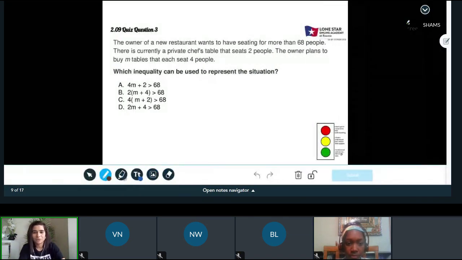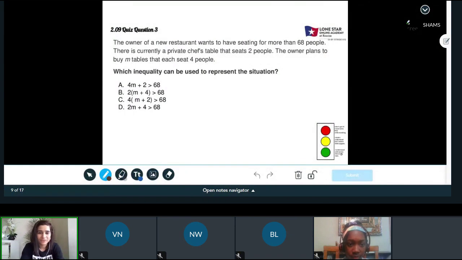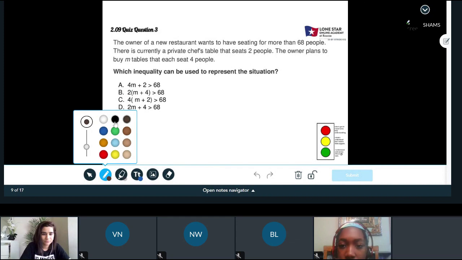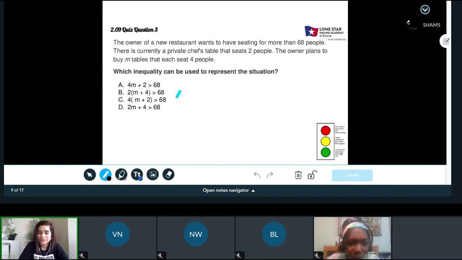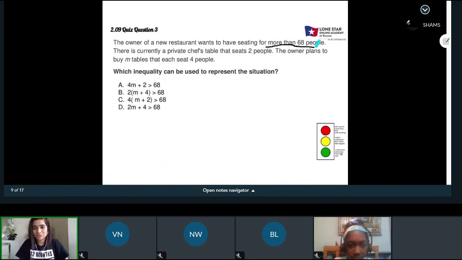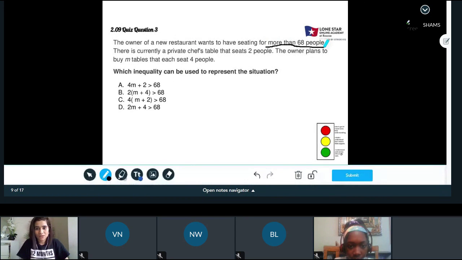So question 3 probably more easier, more simple. See, they guide you. They've given you the 4 inequalities to choose from. Let's go ahead and read the question and see how it looks like. This question says, the owner of a new restaurant wants to have seating for more than 68 people. If I look at the symbols, all of them here show more than, right?